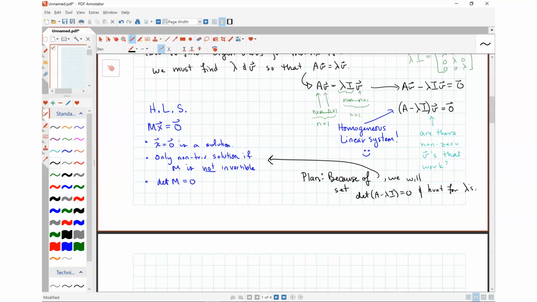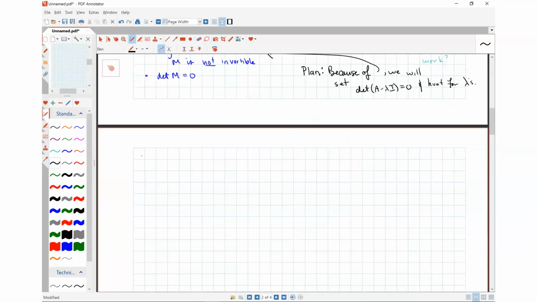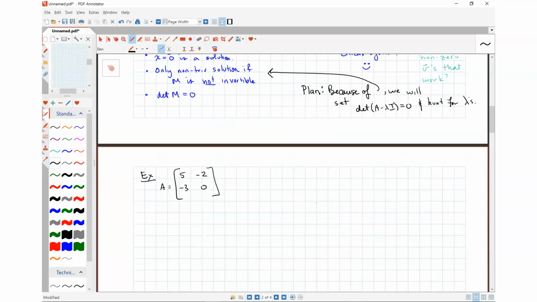Okay, so that's the strategy. So then let's start with a not too bad example. I've got this one, 5, minus 2, minus 3, 0. This is our plan, right? We're going to set the determinant of A minus lambda I equal to 0 and solve for lambda. And that's so that we can find a v and a lambda that make that thing work out.